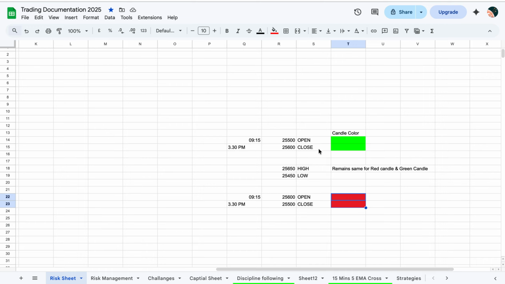If the close is greater than open, then it is a green candle, because the market has closed positively on that day, the sentiment is positive, that's why the color is green. Similarly, on the other side, if the market has opened higher but closes lower, then it is a red candle, because the sentiment is negative.